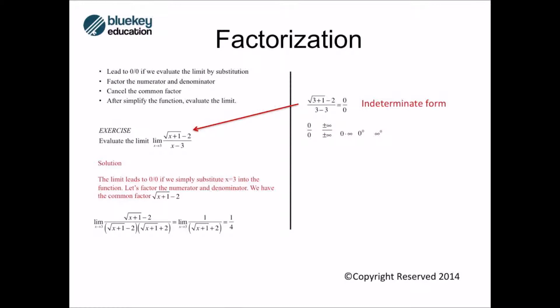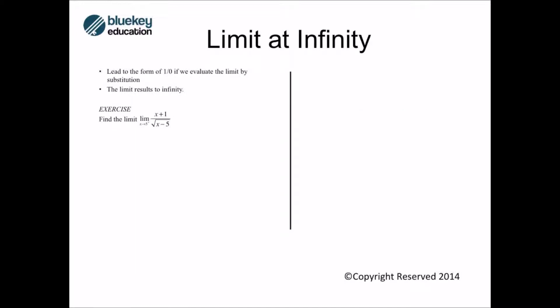Then we have the common factor. We can cancel out the common factors and reevaluate the limit. The answer is 1 over 4. In this case, it can also be called rationalization, because you have a square root of x plus 1.